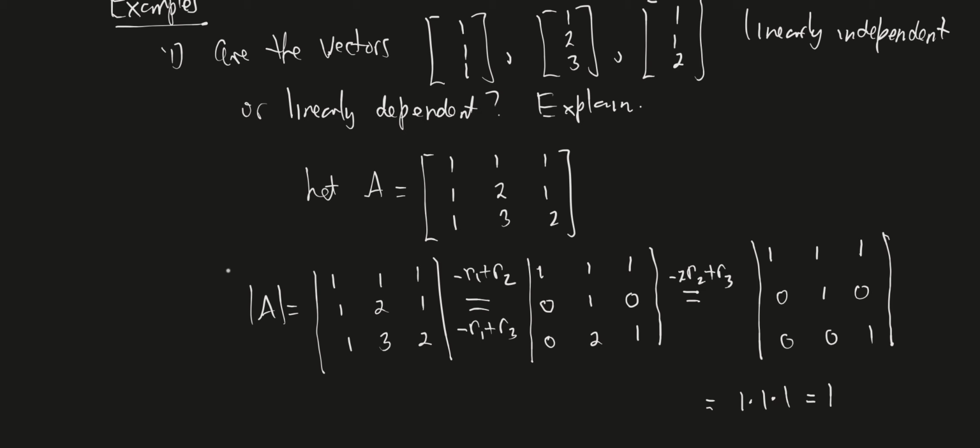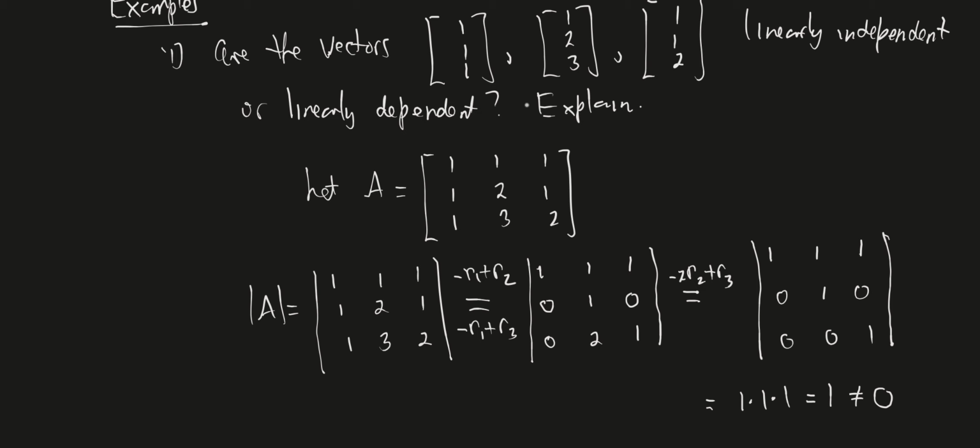So since the determinant of our matrix is not equal to 0, then if we were to solve the corresponding homogeneous system, we would get only the trivial solution. That means these three vectors are linearly independent, right?